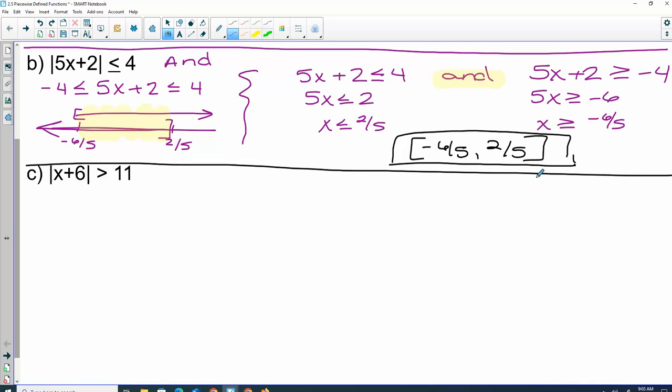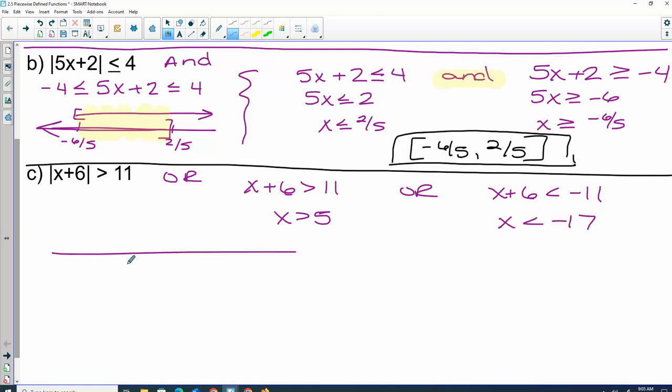All right, C, is this an and or an or? Or. So, two separate pieces, greater than 11, or you flip it and make it a negative. So x is greater than 5, or x is less than -17.